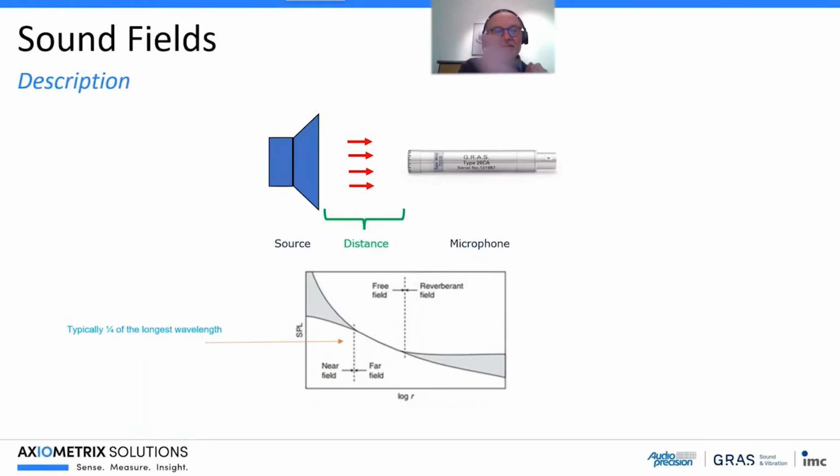Near field is when we have the microphone very close to the source, and typically the transition between near field and far field is where we have 1/4 of the longest wavelength.